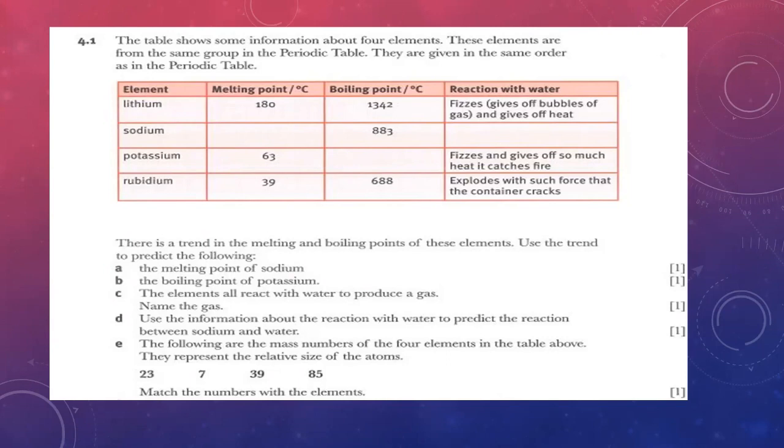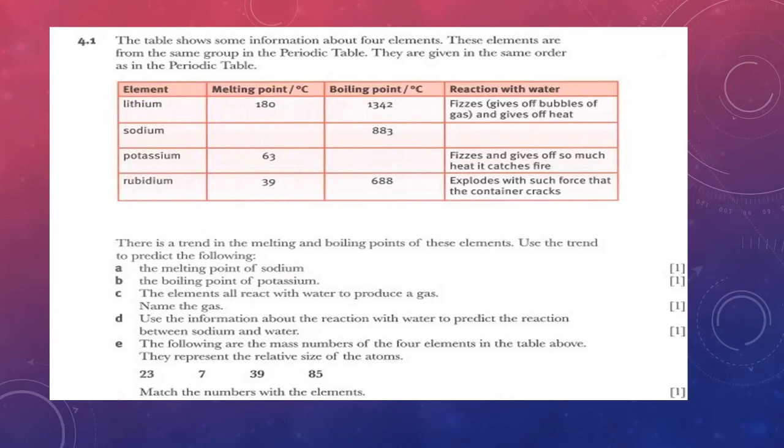Okay, 92. Great. What about the boiling point of potassium? Potassium, 688. 731. Great, excellent.